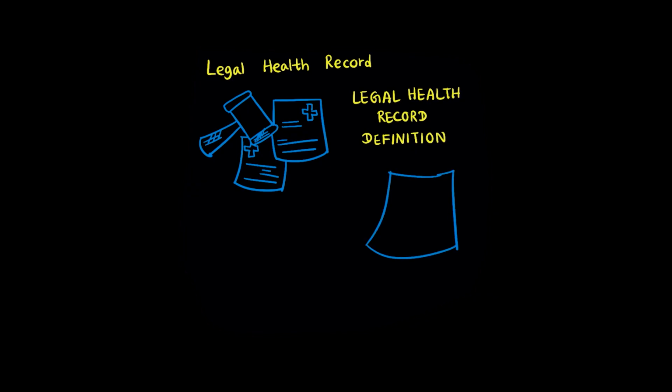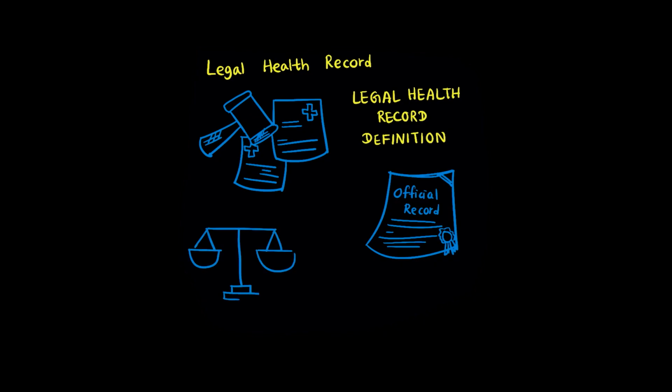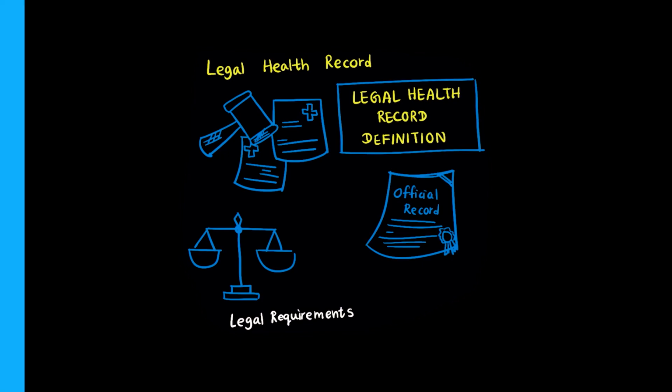It's not about system certification or technology platforms, but rather the organization's formal designation of what comprises its legal record. This definition must consider federal and state laws, include a comprehensive inventory of record locations, and specify which versions are considered official. Without a clear legal health record definition, organizations face challenges defending the authenticity and completeness of records in legal proceedings.